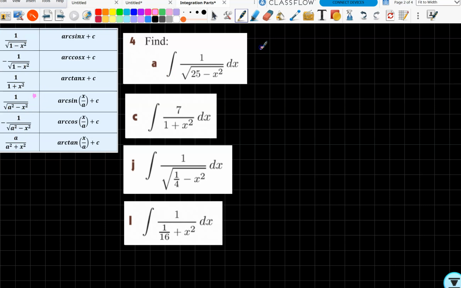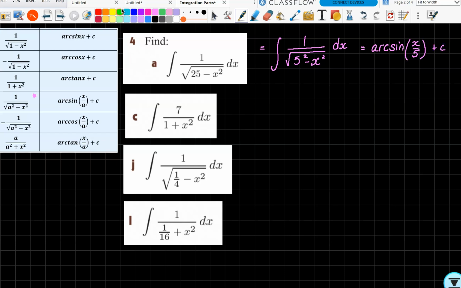So if I wanted to rewrite that, that is going to be 1 over 5 squared take x squared by dx. So it's a simple matter of now this is just arc sine x over 5 plus c.